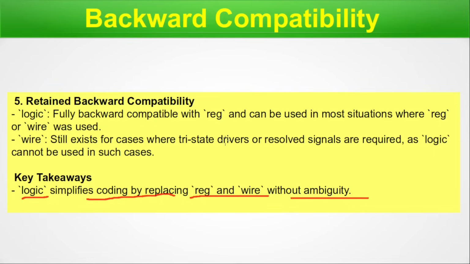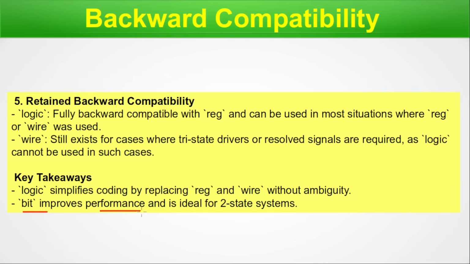That means with a very swift move you can replace reg and wire with logic. Bit improves performance and is ideal for 2-state systems. Bit drops the overhead of X and Z, and that's how it becomes lightweight. To summarize, logic makes your code cleaner and more intuitive by replacing reg and wire without the ambiguity. It is a direct upgrade that simplifies your work.